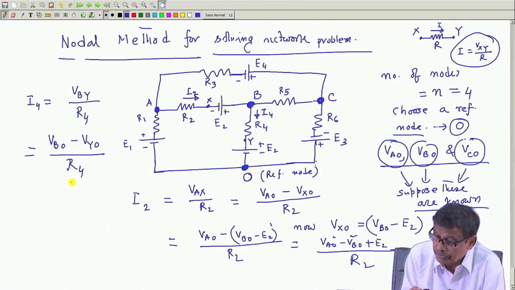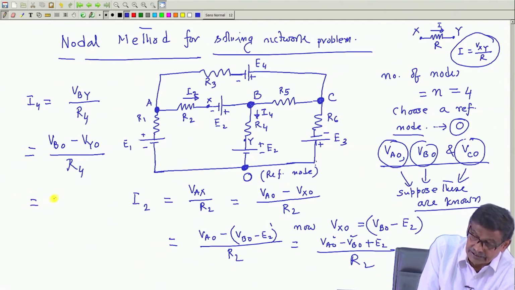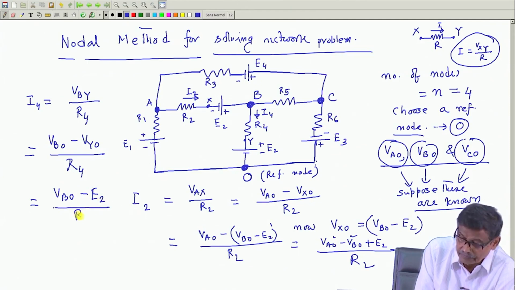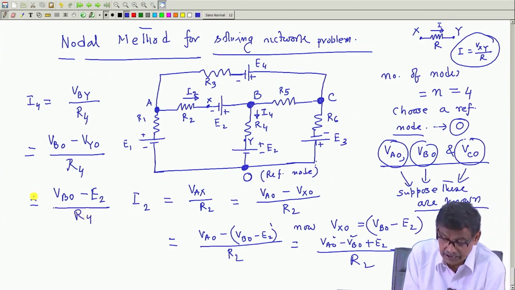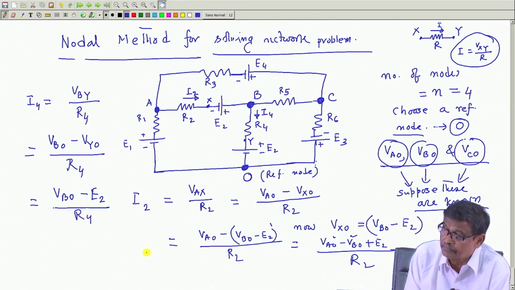The big question is, what is Vy0? From 0 you go to y, it is plus E2, nothing else. So I4 is Vb0 minus E2, divided by R4. I4 can be calculated, because Va0, Vb0, Vc0 are known, very simple.